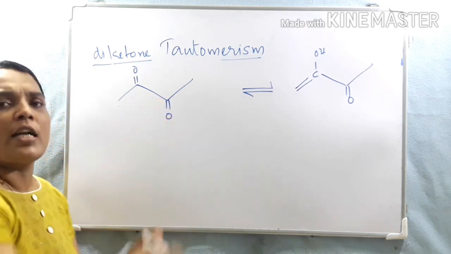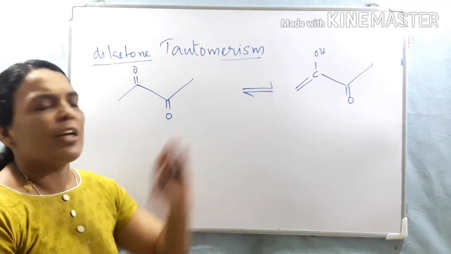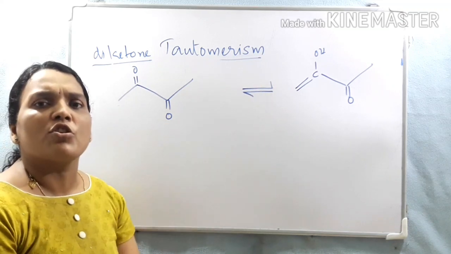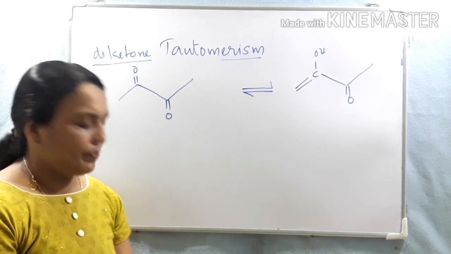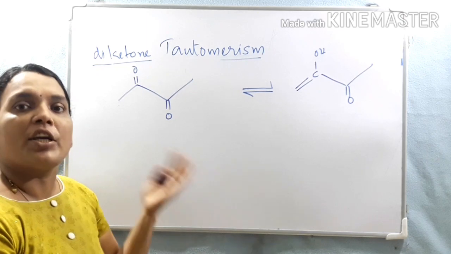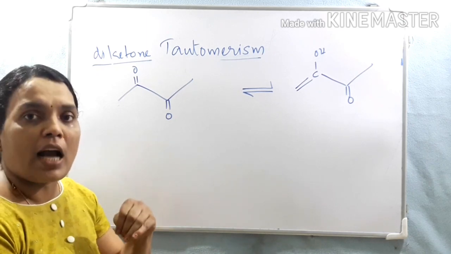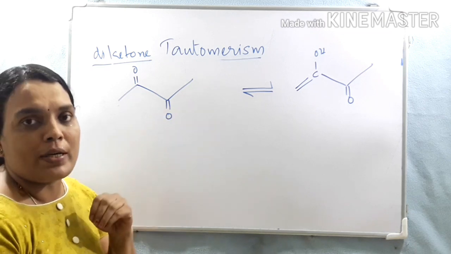There is almost 100% of keto form present and 0.001% of enol form present. Okay. But this same diketone, with ketones in adjacent carbons, is an open system.